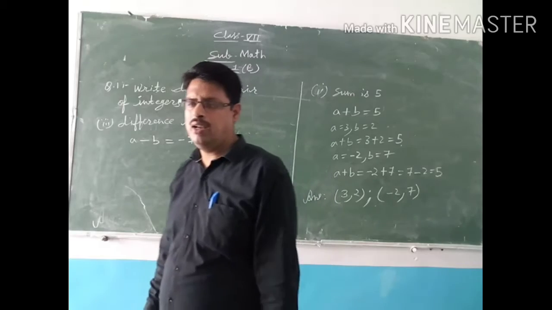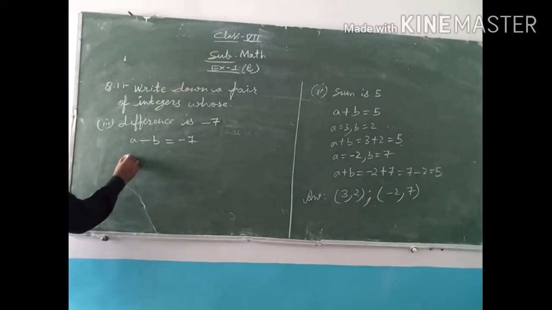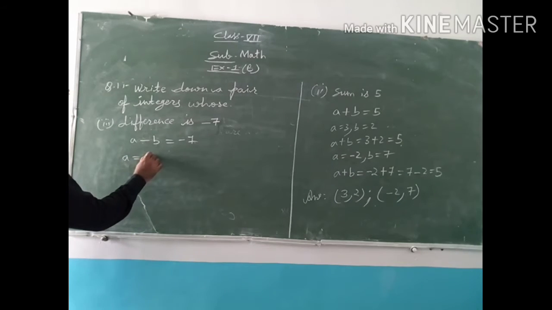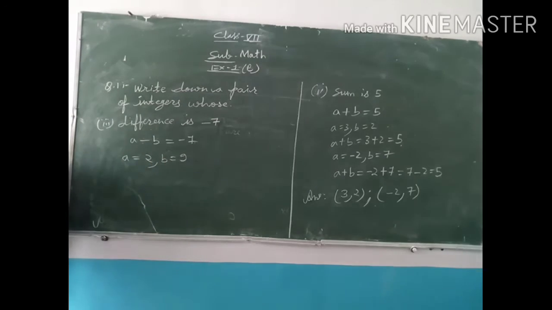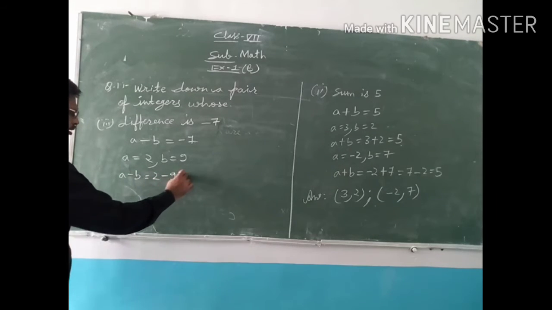Okay. So look here, two integers we can take. Suppose a I am taking 2 and b I am taking 9. Both are positive integers. So a minus b means 2 minus 9.